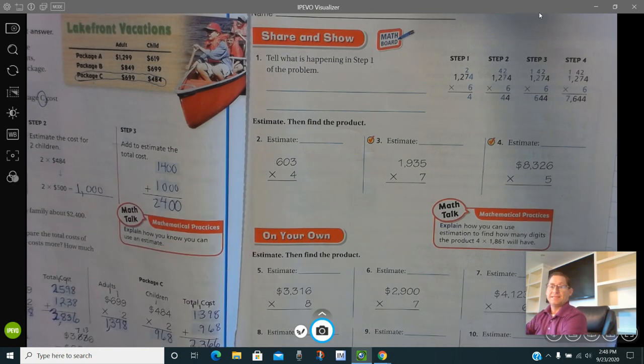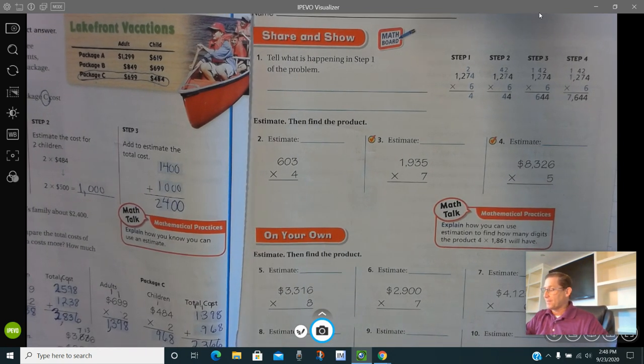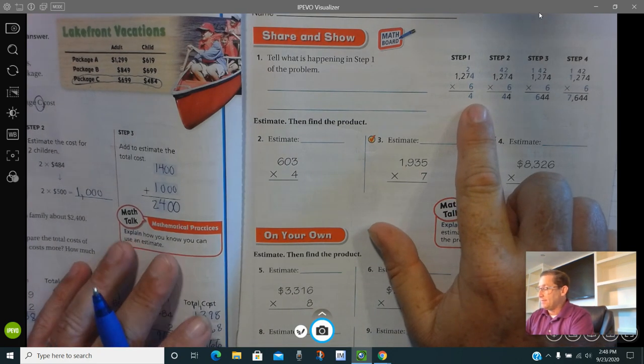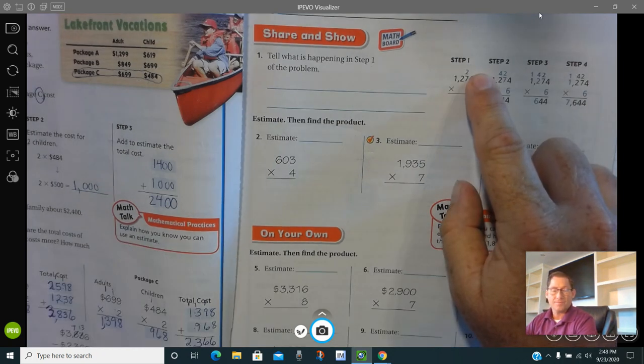Tell what is happening in step 1 of the problem. Step 1 of the problem. I see 6 sets of 4 ones gives me 24. So what's happening?